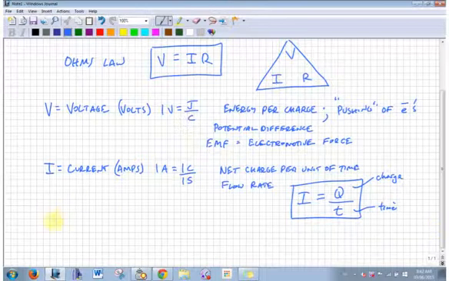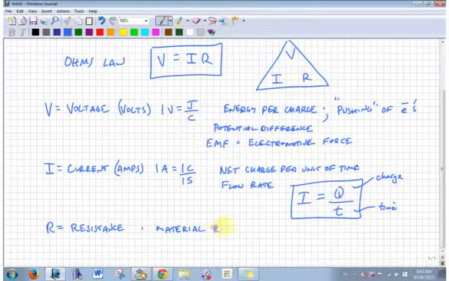And then the last thing here is R, or you guys know what that is? That's something easy to understand, resistance. Okay? It's a material, even the wire itself, resisting flow.